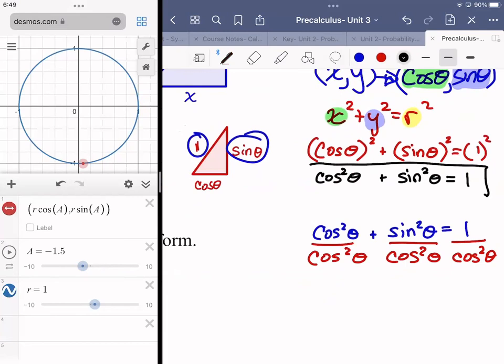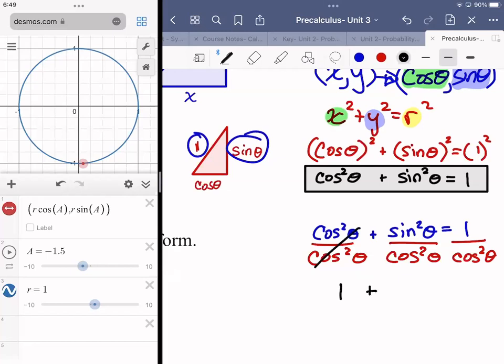So this is one rule. This is our first Pythagorean identity. All right, and it's called Pythagorean identity because it's based off the Pythagorean theorem. Right. The second one, if I divide each term by cosine squared divided by cosine squared, I mean, you don't have to be a master of trig in order to know that anything divided by itself is going to be equal to 1.